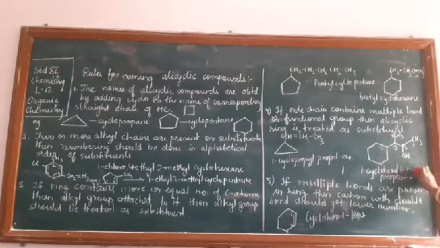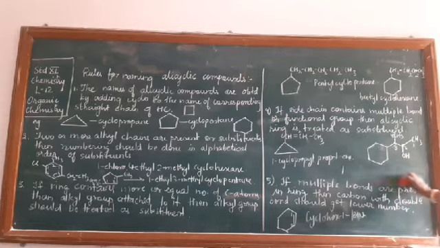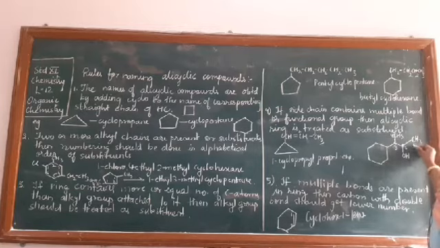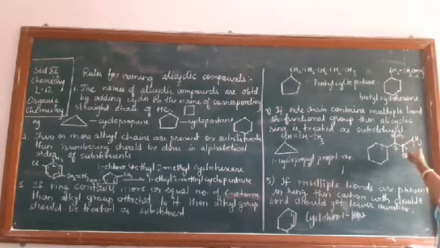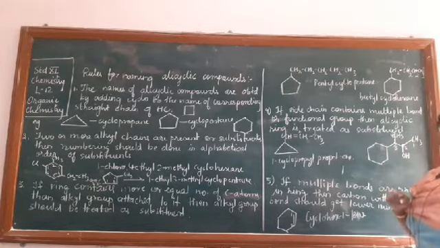So the name will not be this, it is a wrong way of naming, you please correct it. See how should it be named? It should be having 1 2 3 4, ये 4 carbon का chain हो जाता है. Don't consider this as a substituent. No, this whole chain will become the main chain, and उस main chain में this is the substituent.